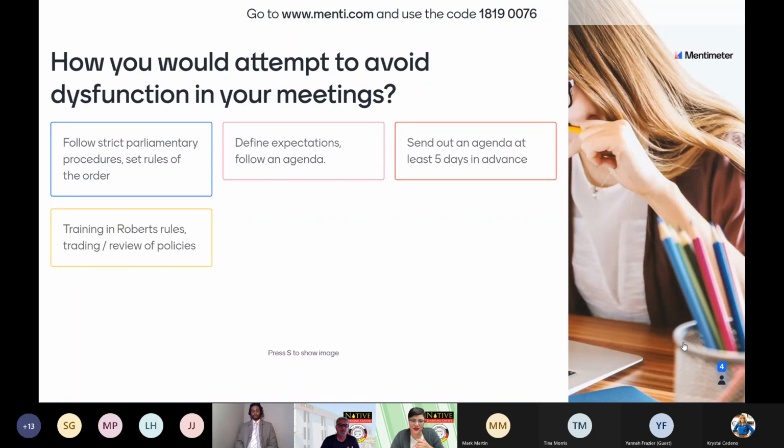Okay, how would you attempt to avoid dysfunction in your meetings? Define expectations, follow an agenda, absolutely. Define expectations. Let's just talk about that for a second, because that probably needs to be expanded on. I kind of alluded to the fact that we need to create job descriptions. You heard me talk about that for board members. We need to have an orientation of some kind for board members and continuing education as well.